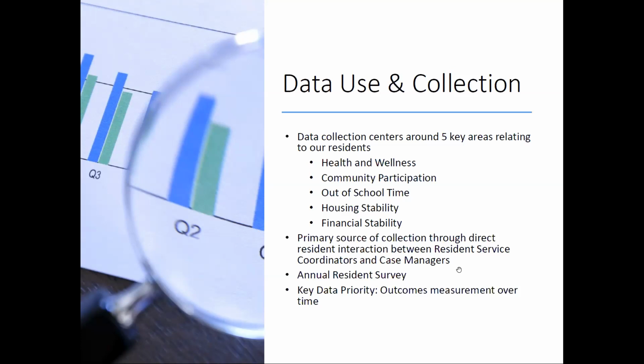I would say that the biggest challenge that we face, and that probably any other organization that manages or seeks to manage data faces, is measuring outcomes over time. So not just saying, hey, we served X number of residents, but how did we impact their lives? How do we make data paint a picture of what we've done to improve the lives of our residents?